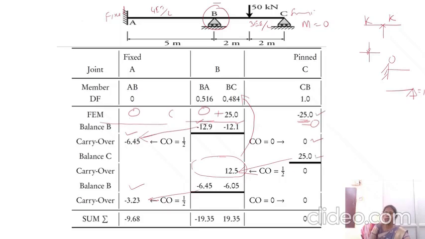So finally, we can justify the moment at the simply supported point is 0, and we have some moment value at A, and the summation of moment at joint B is equal to 0.